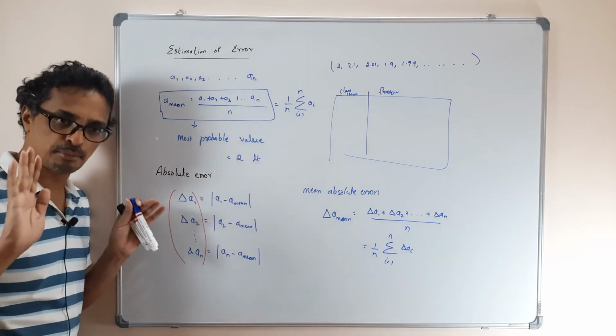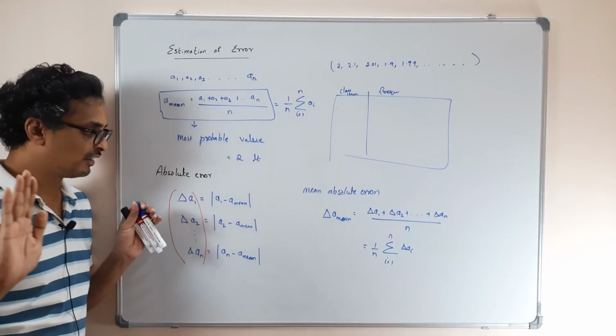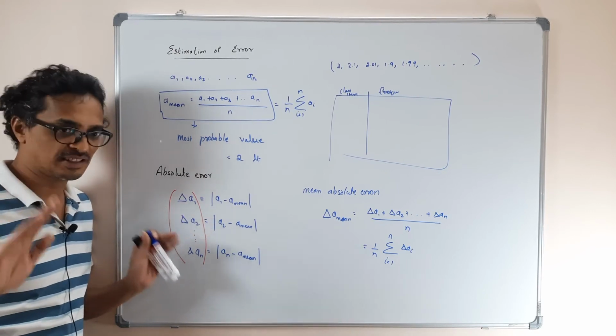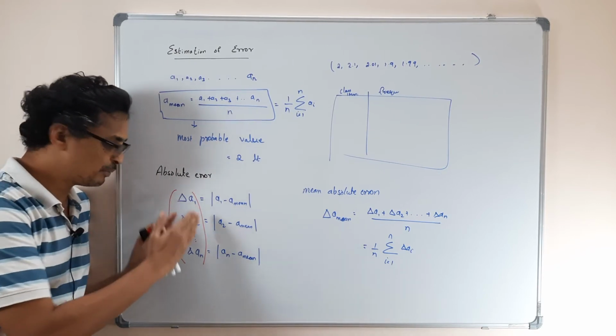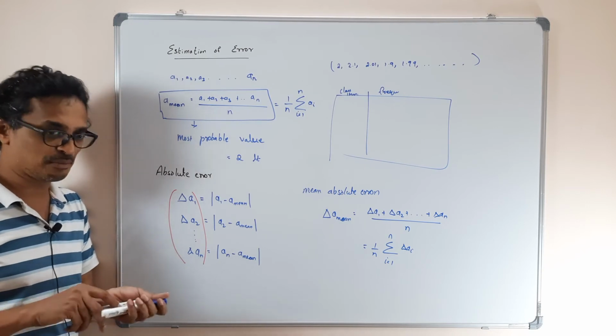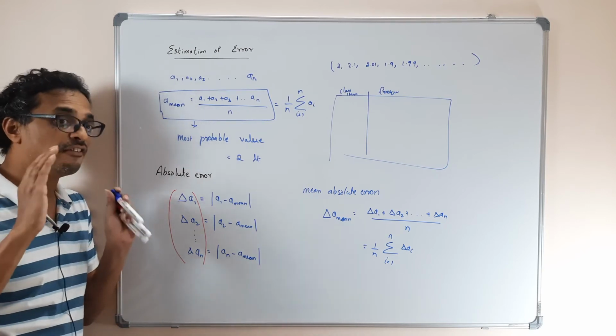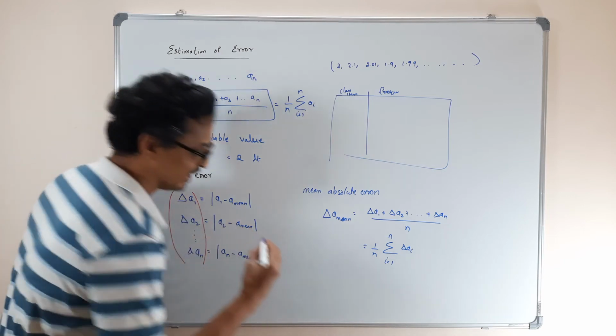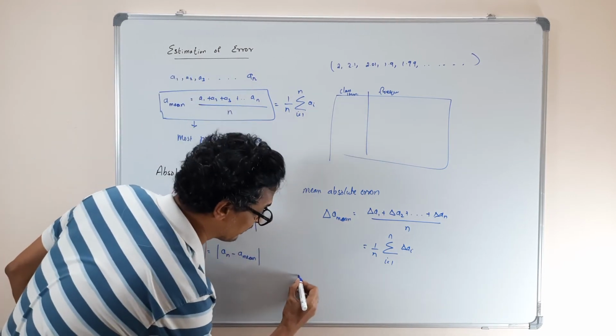Now I have done the experiment 10 times. I got the most probable value, which is nothing but the mean. Then I got all the absolute errors and took the average of the absolute errors.